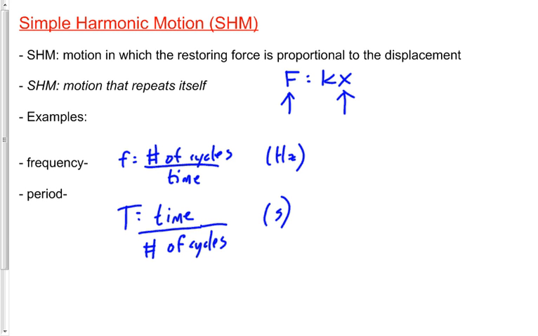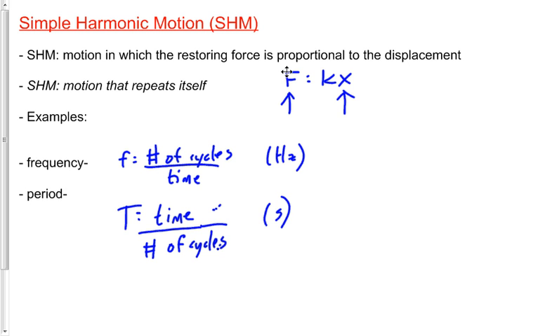It's probably better if you measure the time for 5 cycles. Watch it going back and forth 5 times. Get that time. Then what do you do to find the period? Take that time and divide it by 5, the number of cycles that have just taken place. Does that make sense?